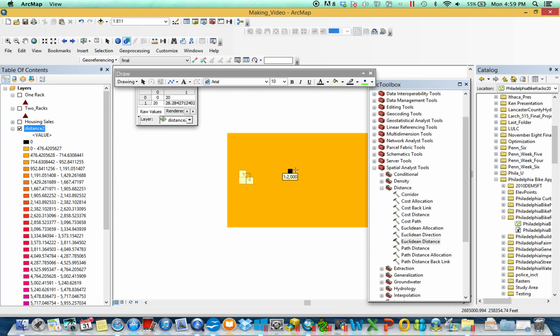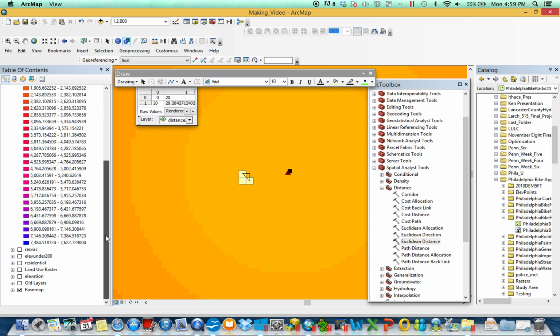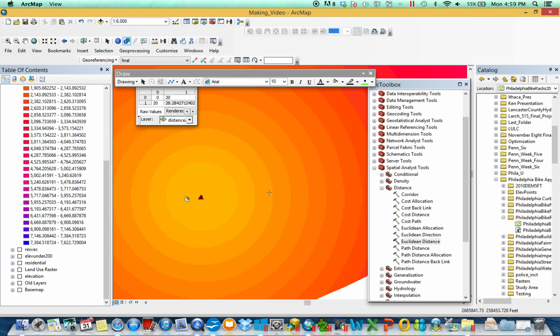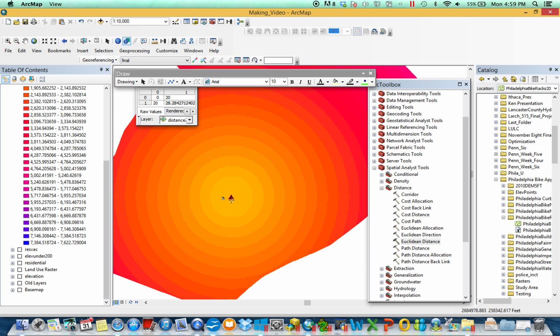The last thing to keep in mind is the way you interpret this data. Let me just open that up real quick. There are two ways to interpret this data. You could take a look and say this point right here is this far away from any of these points.